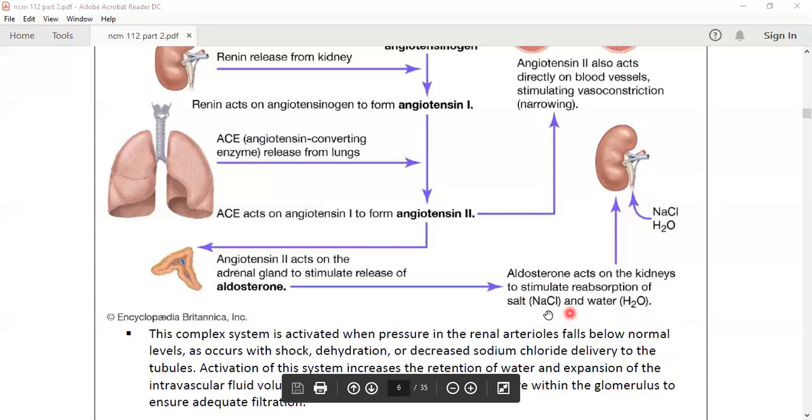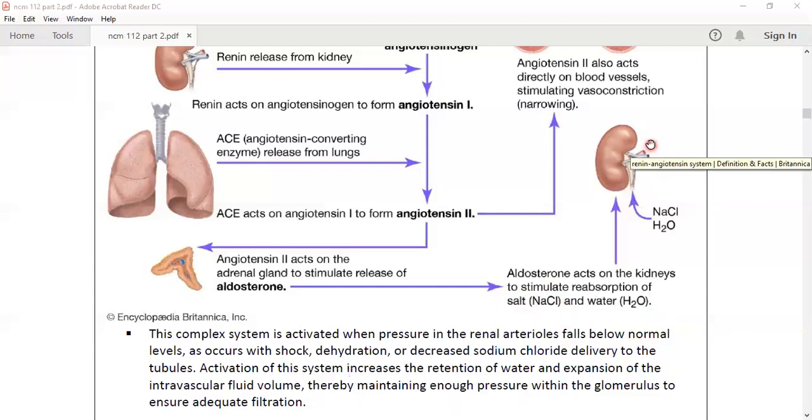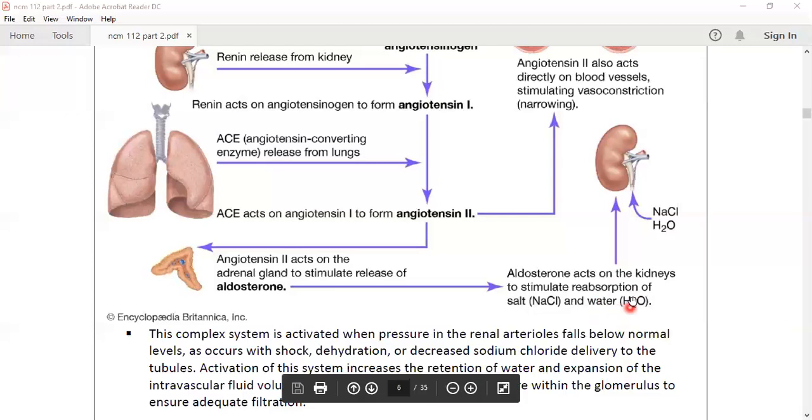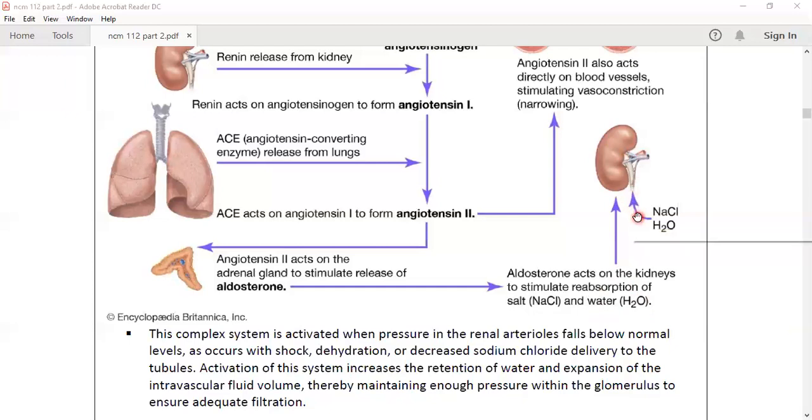With that in mind, if your aldosterone now reabsorbs your sodium in your kidneys and puts it back into your circulation, it also reabsorbs water with it. So if water is reabsorbed into your circulating volume, it now expands that circulating volume and increases your blood pressure.